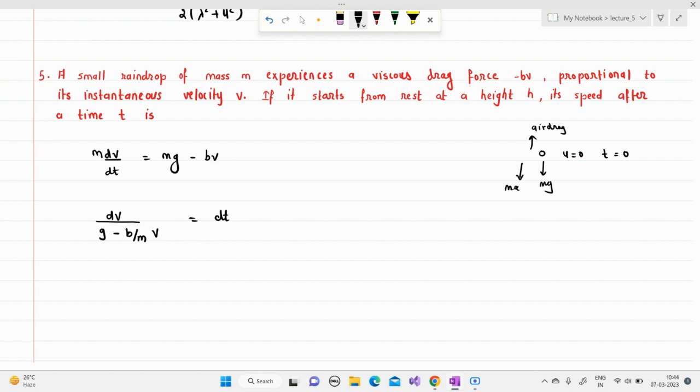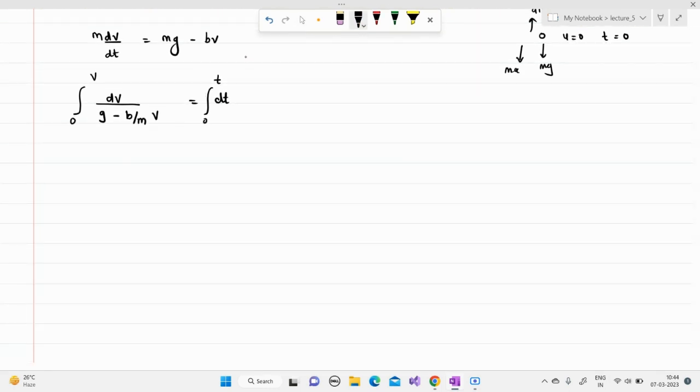Now it has stated that the initial velocity is 0, so when we integrate it, we can take the limits 0 to v, since we have to find the speed after the time t. So this is the final velocity v that we have to find, and for time we take 0 to t. Okay, and now if we integrate, we'll get the answer.